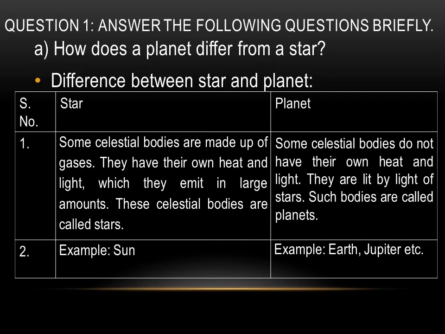Example of planet, Earth, Jupiter, or any other planet from the solar system. Clear? The basic difference between star and planet is they both are celestial bodies, but star is made up of gases and they have their own heat and light, and planets do not have their own heat and light, but they are lightened by the light of stars.